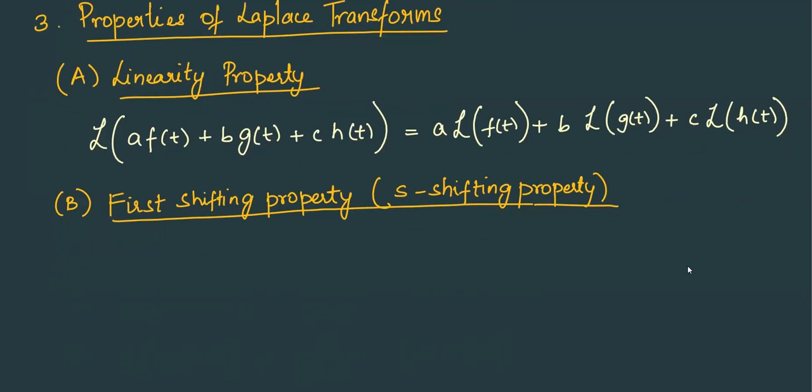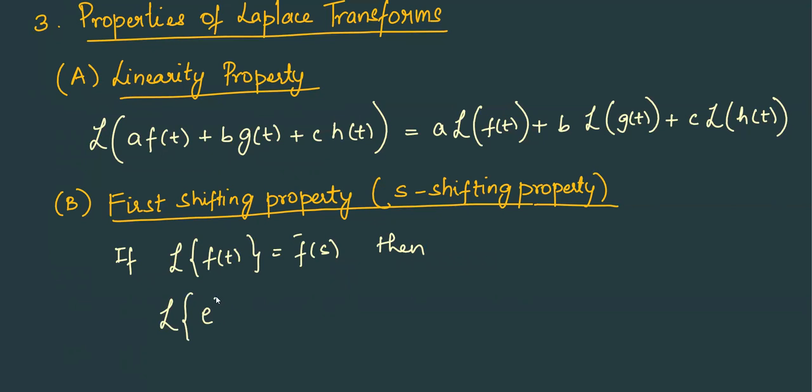Now what it says is this: if Laplace transform of f of t is f bar of s, then Laplace transform of e power at times f of t is f bar of s minus a. It's f bar of s minus a.